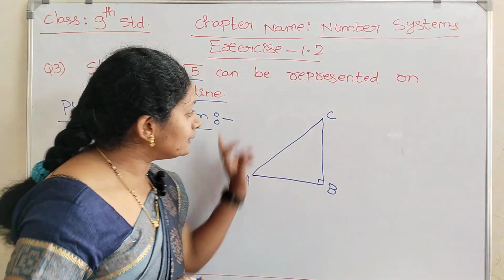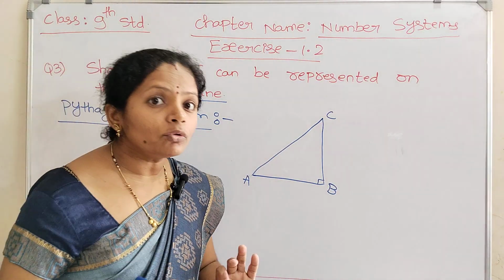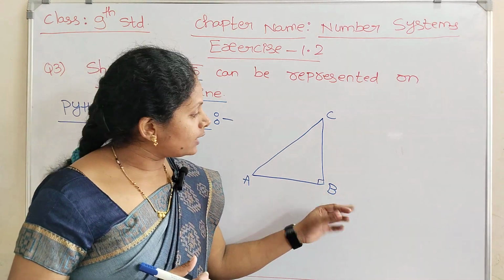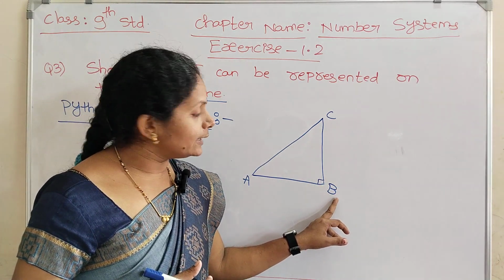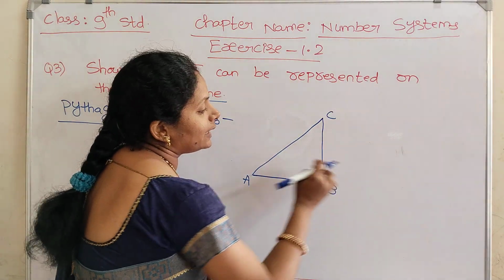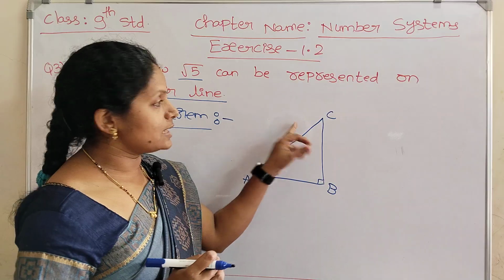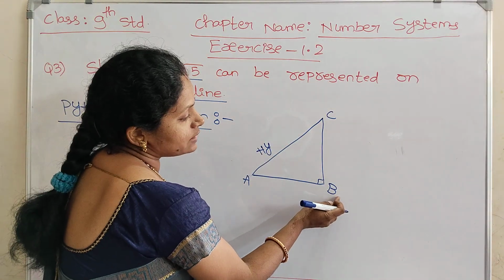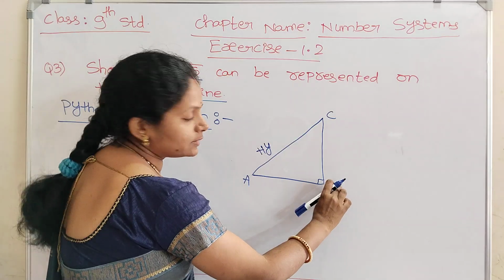First of all, in a right angle triangle, we have to look for where the right angle is located. As we know, it is at B. The side opposite to the right angle is always the hypotenuse. What is the opposite side of the right angle?